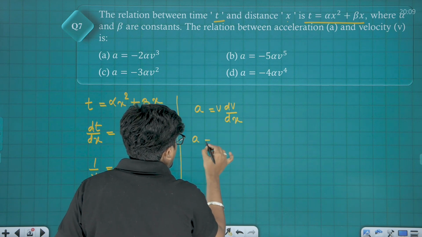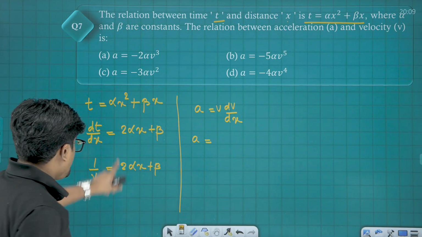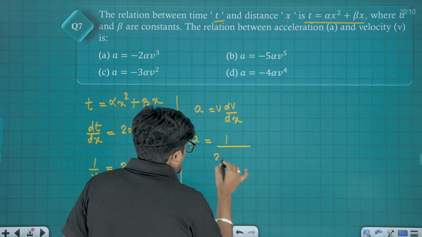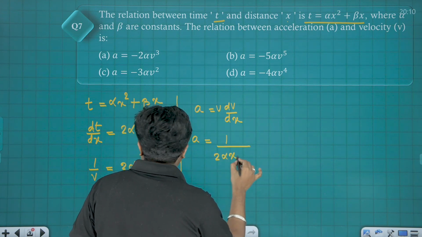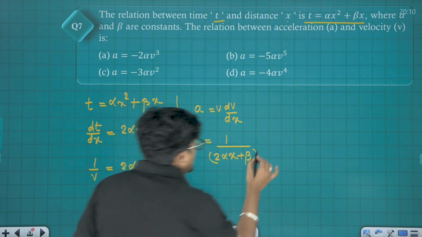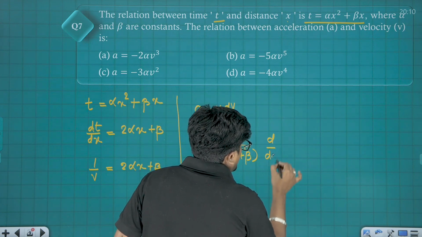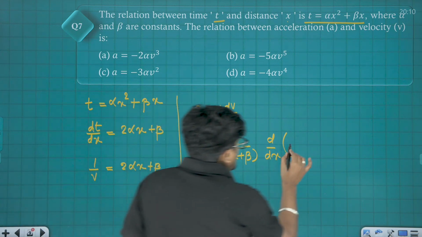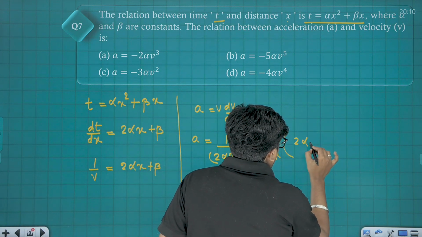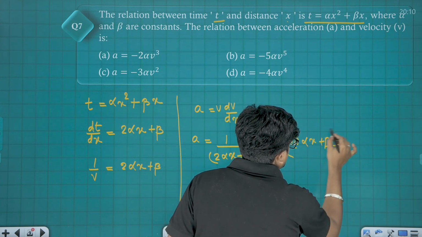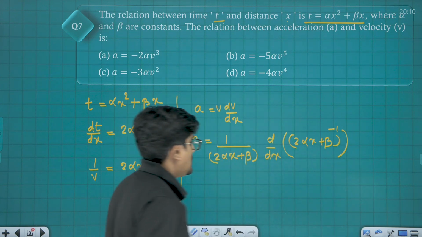So acceleration a is, what is v? V is 1 upon 2 times alpha into x plus beta, into d by dx of v. V is basically 2 times alpha into x plus beta all raised to minus 1.